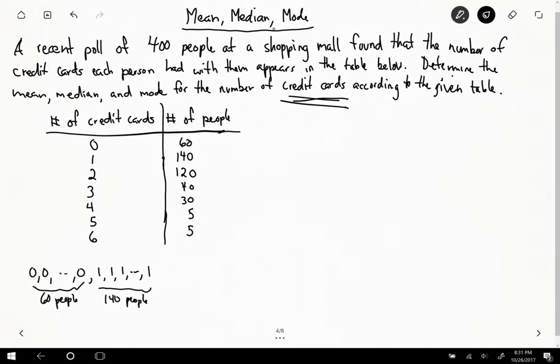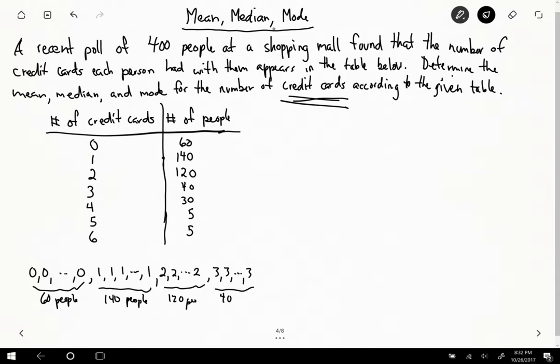This is more realistic as to how these data sets look. Similarly, we can do 2s, and so on, all the way up to here, and notice there are 122s. And then 3s, and I'll put a dot, dot, dot. These numbers are too large for me to write out in a decent time frame.